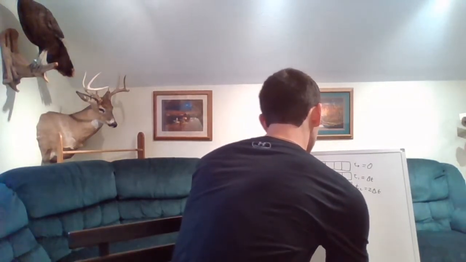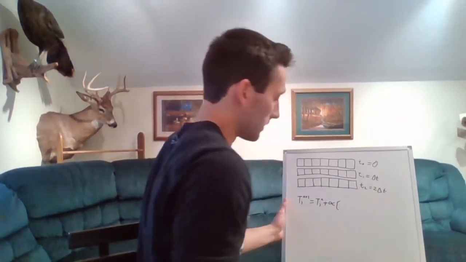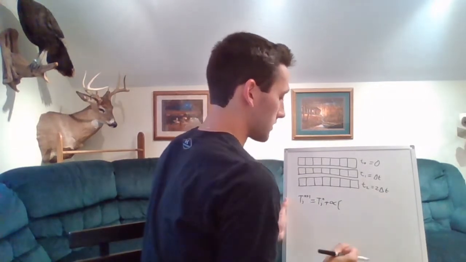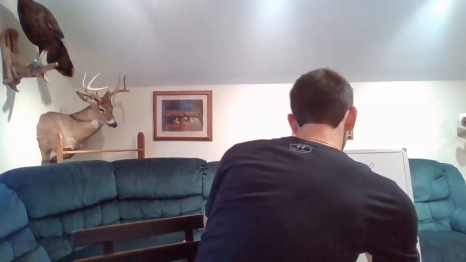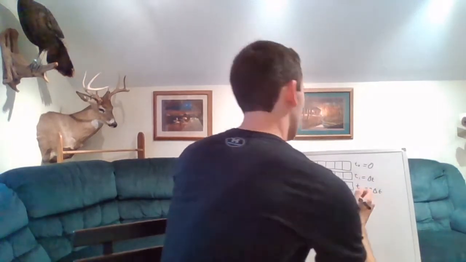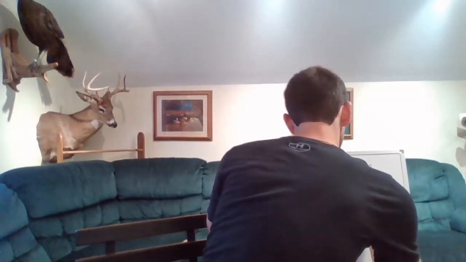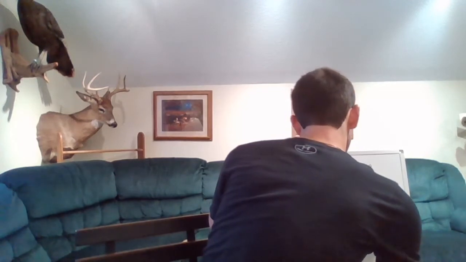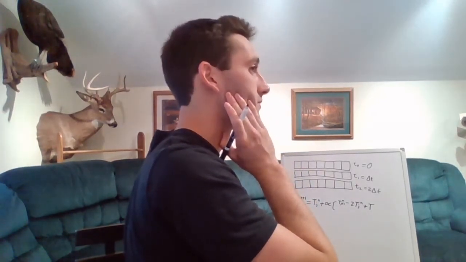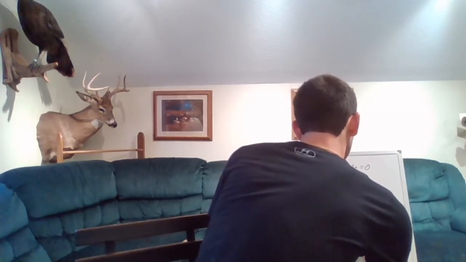We will have plus alpha, and if you remember, alpha was being multiplied by this massive amount of fractions and stuff, but those fractions simplified will simply be t j plus 1 n minus 2 tjn plus tj minus 1 and all over delta x squared.